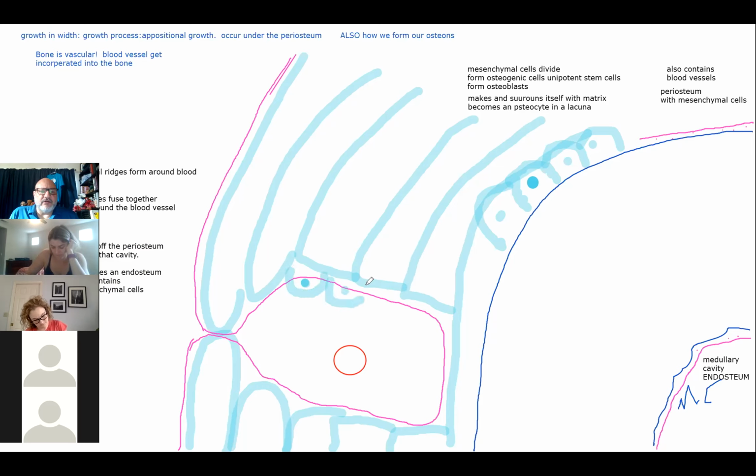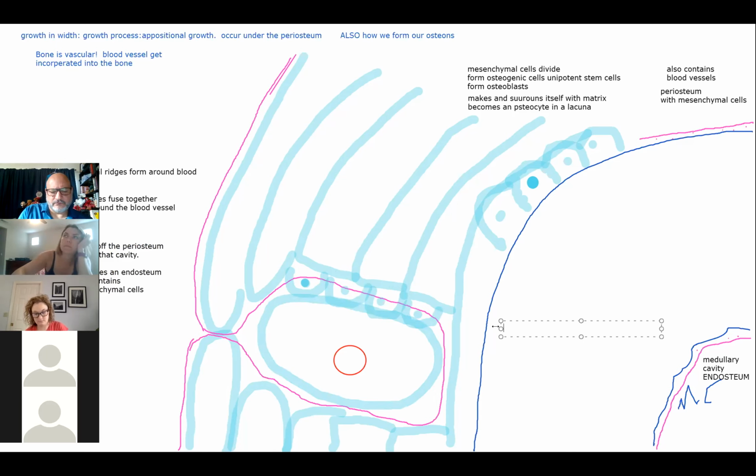And so is the next one, and so is the next one, and so is the next one. And notice what ends up happening here in this endosteum is we form a circular layer of matrix around the blood vessel. And what would we call a circular layer of matrix around the blood vessel? Concentric. There you go. Concentric lamella. You form a concentric lamella.